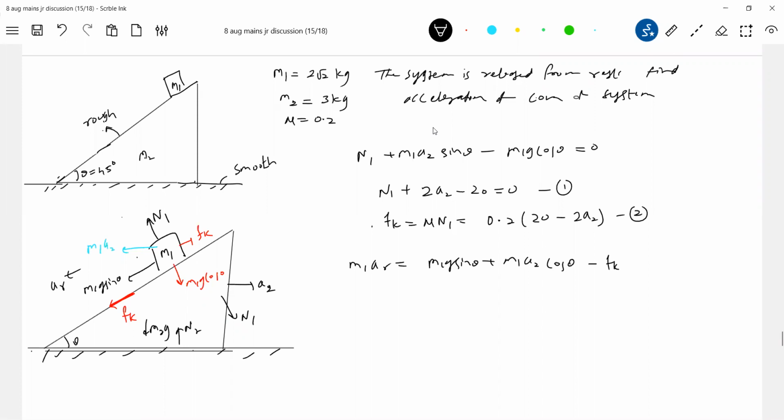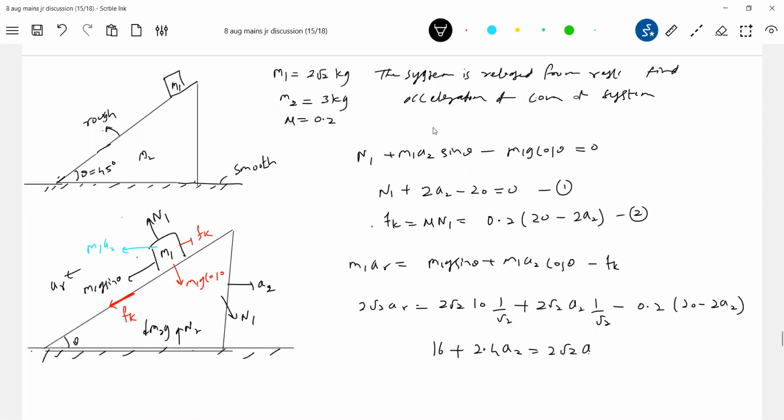So if I solve this, what is M1? 2 root 2 AR equals 2 root 2 times 10 times 1 by root 2, plus 2 root 2 A2, which we don't know, times cos 45, that is 1 by root 2, minus Fk, which is 0.2 times (20 minus 2A2). I just solved it to save time. This is equation 3, the relation between A2 and AR.